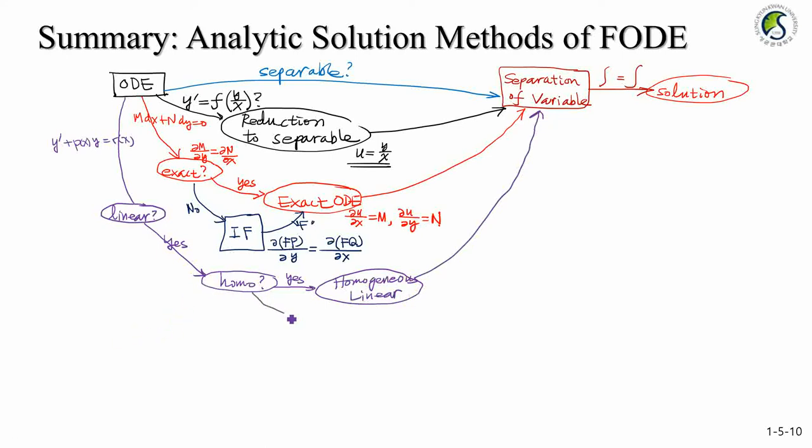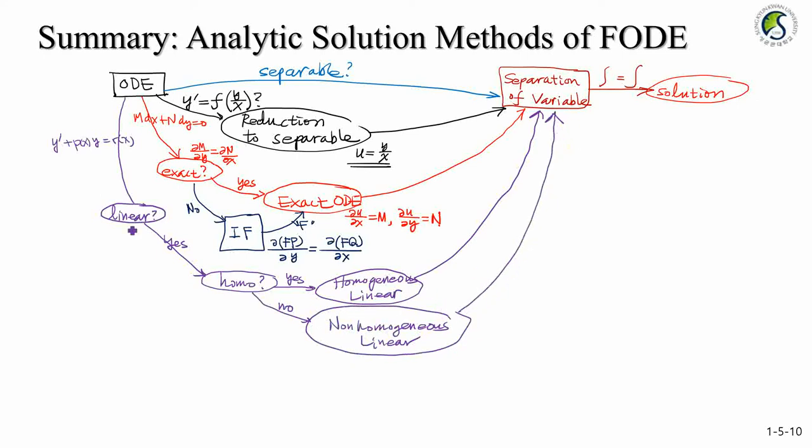And if it's not homogeneous, then it's the non-homogeneous linear method. If the answer for linear is no, then it will be the nonlinear case.